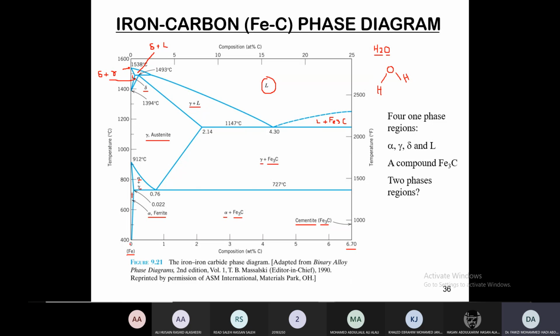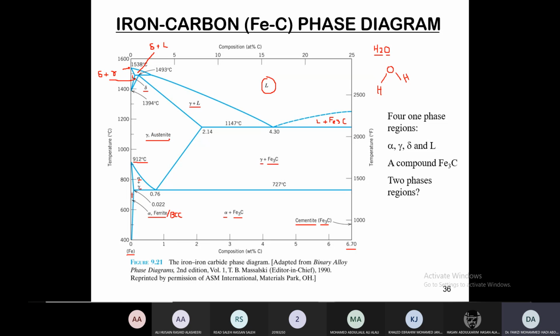If we heat up the iron from room temperature to these higher temperatures, at 0% carbon it will be in the form of the alpha ferrite, and the alpha ferrite has a BCC crystal structure, right? You remember that from chapter 3. So the alpha ferrite has a BCC crystal structure. As we increase the temperature, it stays as it is until we reach 912 degrees centigrade.